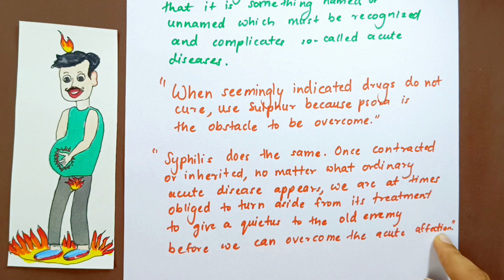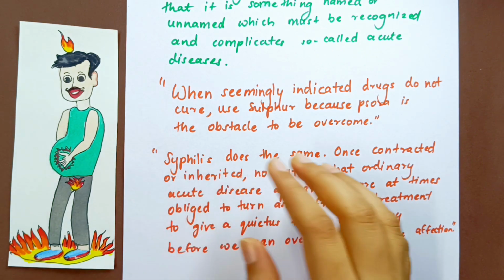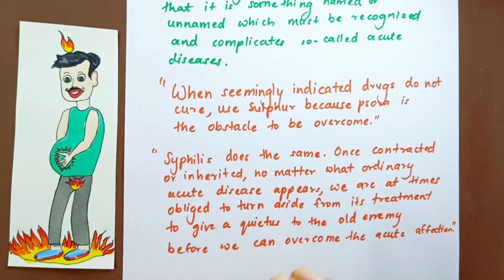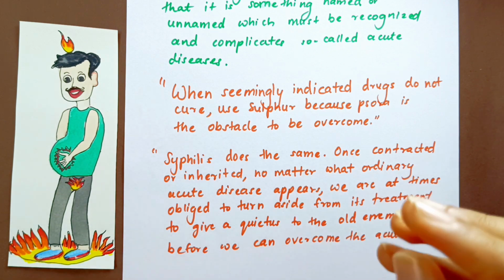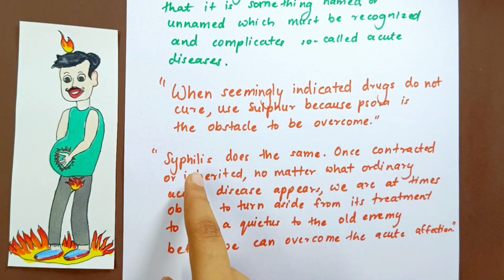So here he tries to explain that also in syphilis, when anybody has syphilis which has been inherited, contracted, whatever, if that patient gets any acute disease, even in that case, if you try to give the indicated drug, it might not help, because there is syphilis in the background.